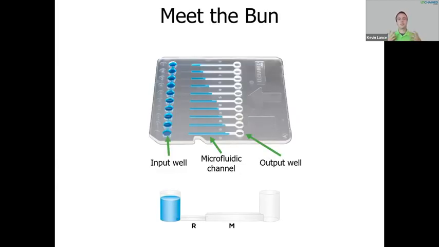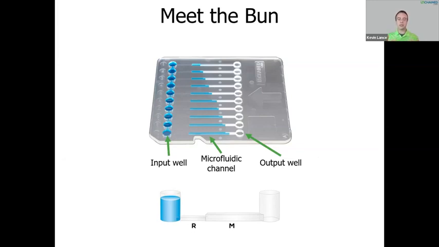Okay, so the secret sauce inside of Honeybun is its consumable, the bun. The bun has 3 key features: an input well, where you're pipetting in that 40 microliters of sample; the microfluidic channel, where the whole sort of phenomenon that drives the Honeybun is happening, and we'll get into details there; and the output well that's just there to catch sample at the other end of the whole process.